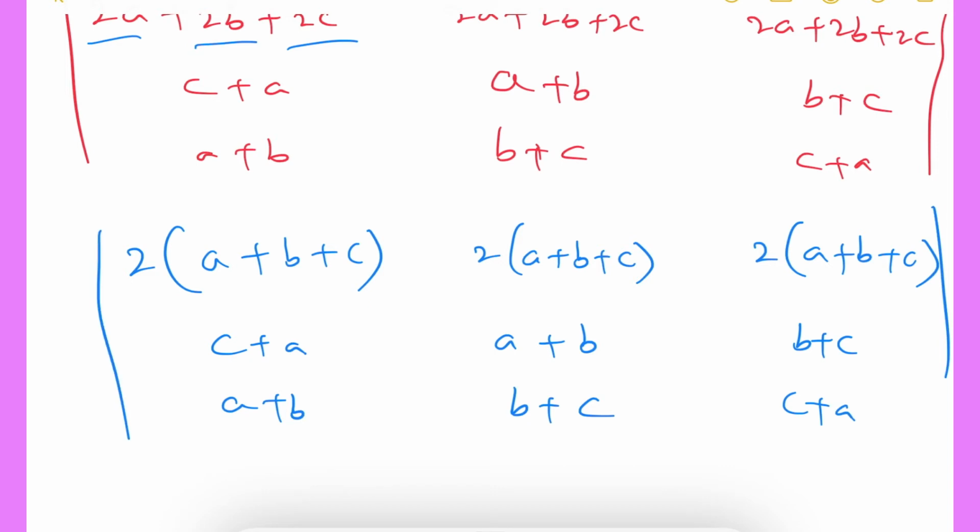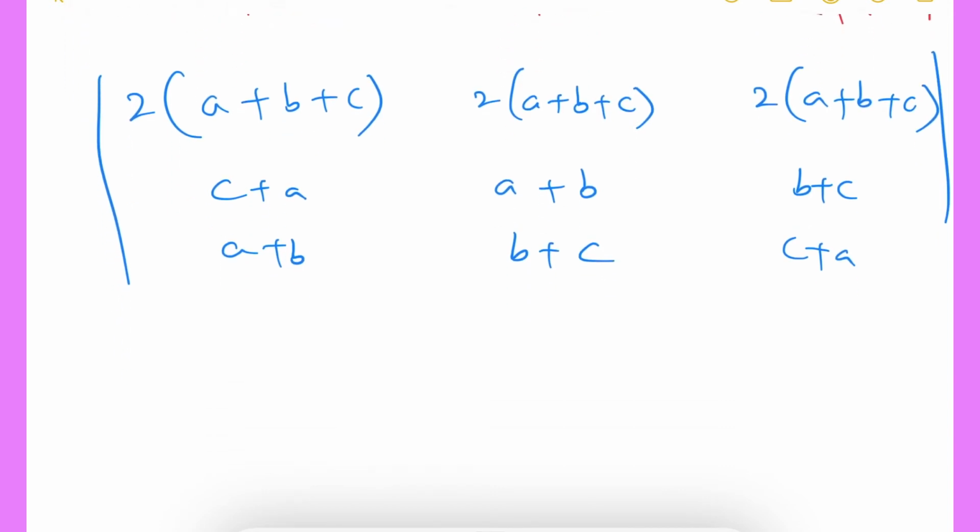Now from the first row, in every element 2 is common, so that 2 I will bring completely outside of the matrix.